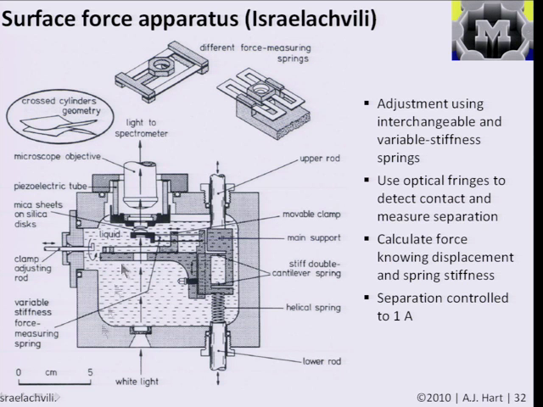So basically can move the bottom cylinder up and down and can measure the deflection of this spring, and by measuring that in relation to the separation can get these force separation relationships for these different materials. And this can be done in vacuum, or it can be done in different liquids, and it has given a lot of versatility. And he says that you can control the separation to about 1 angstrom.